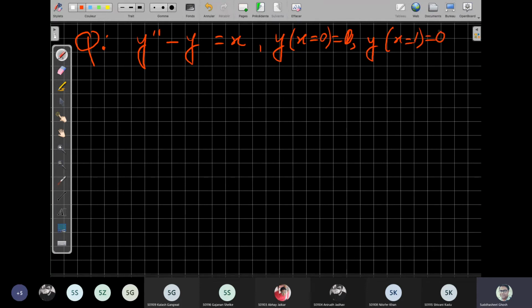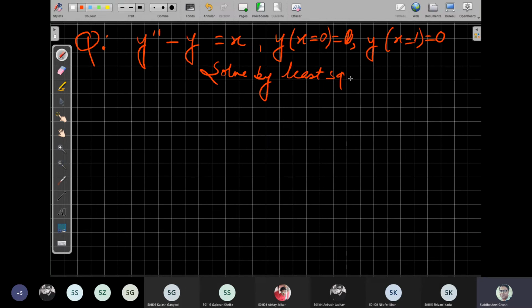So what I am also given: solve by least squares. Okay, so this is my problem which is given, correct?